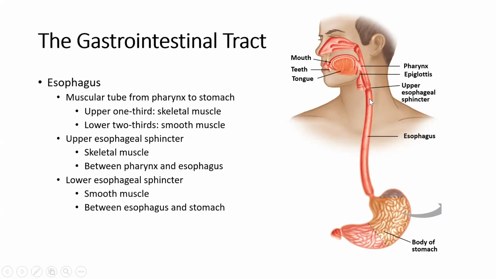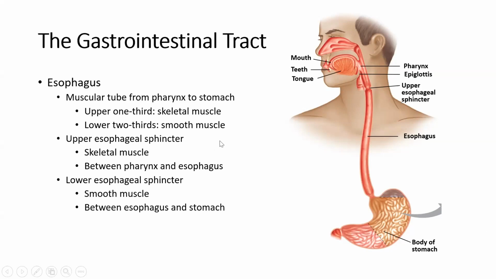And because that is made of skeletal muscle, we actually have voluntary control over the upper third as well as the upper esophageal sphincter. And when I say we have voluntary control, this is what allows us rather to be able to swallow intentionally. So we can decide to swallow, we can decide to move food from the pharynx into the esophagus. We have voluntary control over that bit.